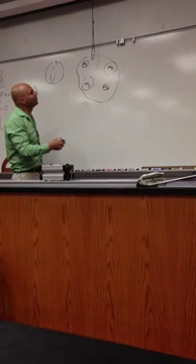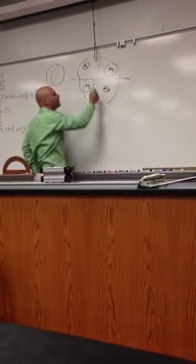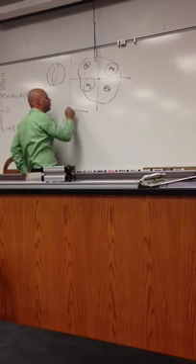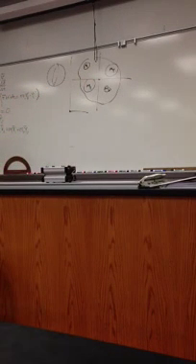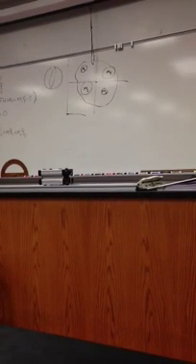So the center of mass of that system with respect to this point or with respect to this point will be the same. It doesn't matter with respect to what point, the center of mass will be located in the same place.